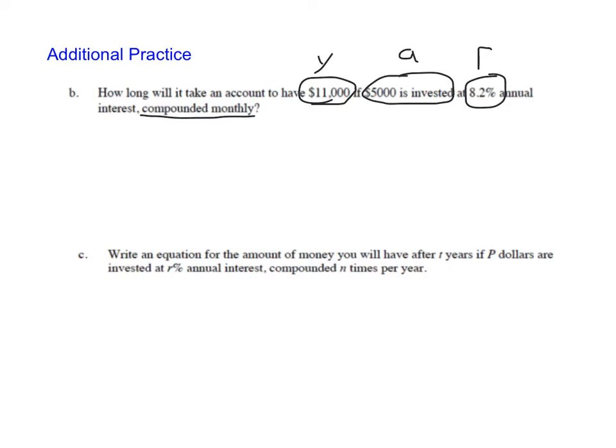So let's set up this equation. We're still going to be using this idea of y equals a times (1 plus r over n) raised to the n times t.